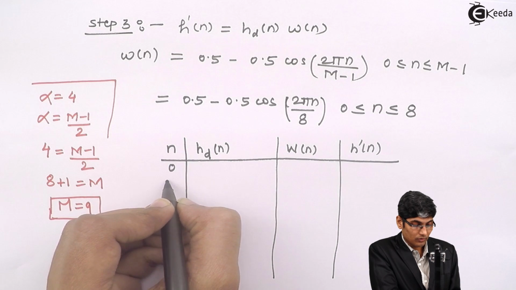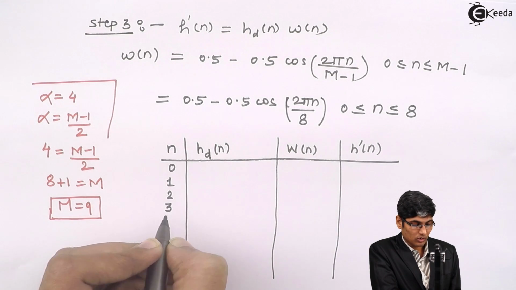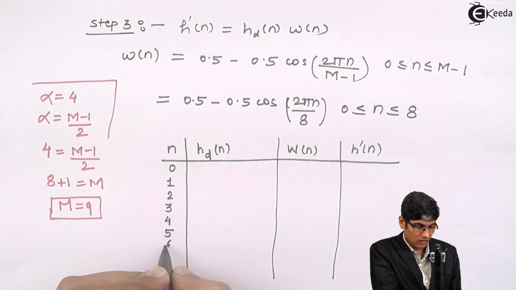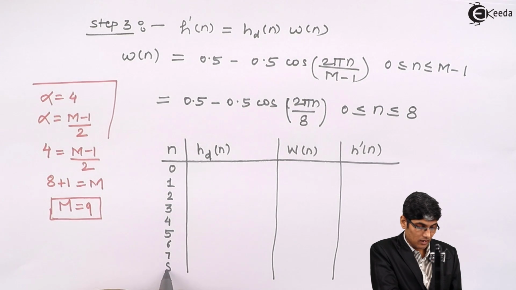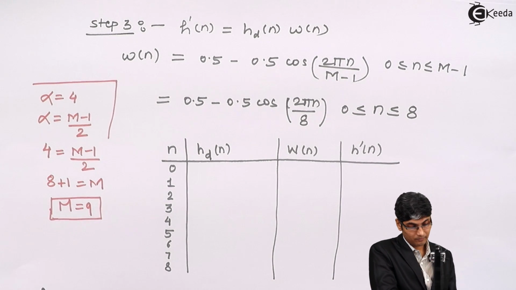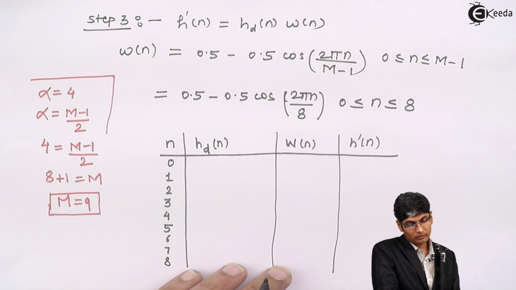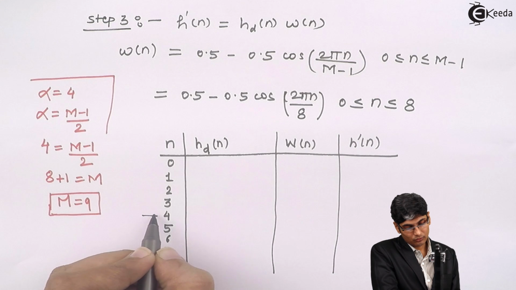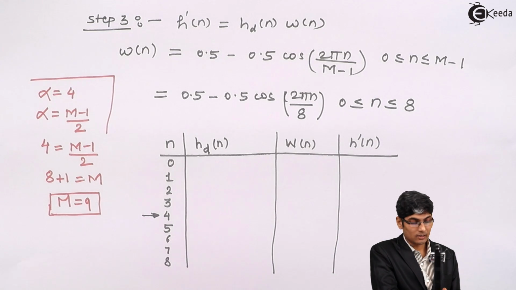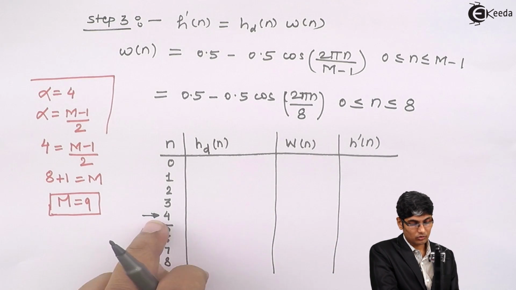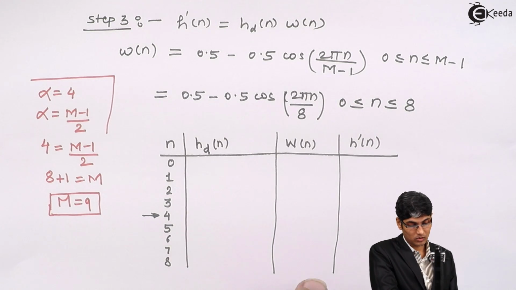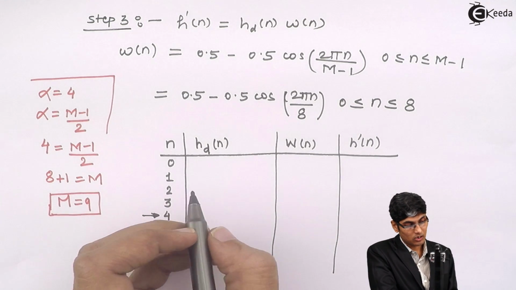The values of n will go from 0, 1, 2, 3, 4, 5, 6, 7 and 8, because there are 9 total elements. Which element will create a problem? The element of alpha will create a problem, that is n equal to 4, where the function will go to infinity. So we need to solve this separately. Okay, the rest everything can be solved easily.